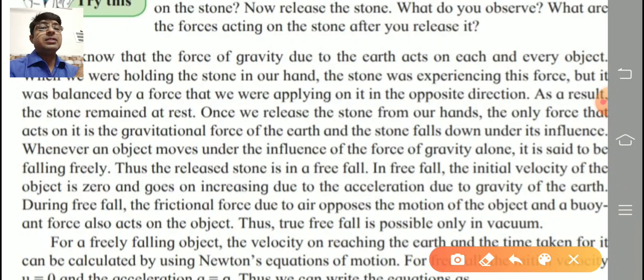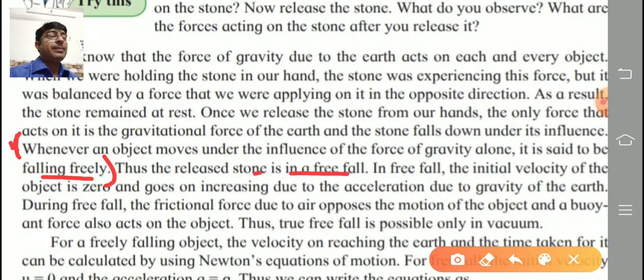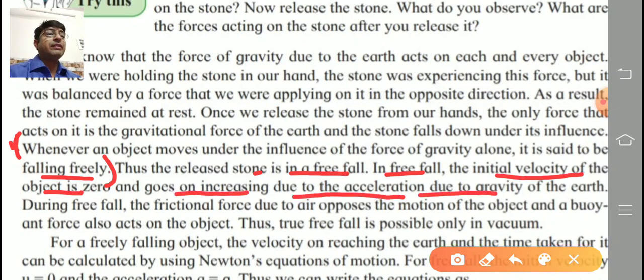So you mark the answer from here, up to free falling, that is called a free fall. Thus the released stone is in free fall. In a free fall, the initial velocity of the object is 0 and goes on increasing due to acceleration due to gravity of the earth.